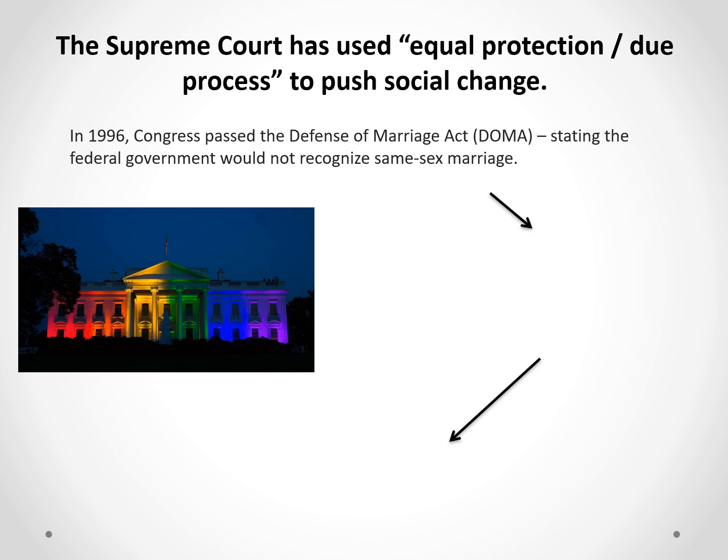Gay rights was becoming more of an issue in the law, and same-sex couples were asking for marriage, and the question was, is the federal government going to recognize same-sex marriage? And according to DOMA, they said, no, we will not.